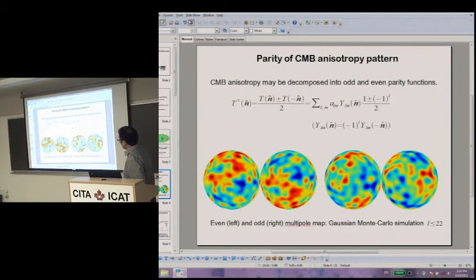So here I made a simulated CMB map. The left one contains only even multipoles, the right one contains only odd multipoles. You can see these have exactly the same pattern, but with the opposite sign. There's nothing anomalous with this because it's a purely Gaussian CMB simulation.